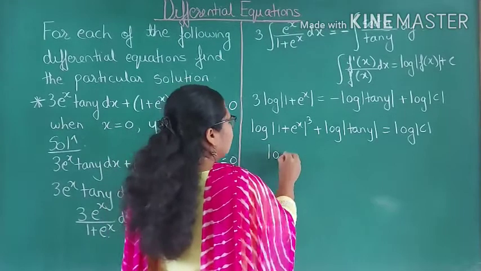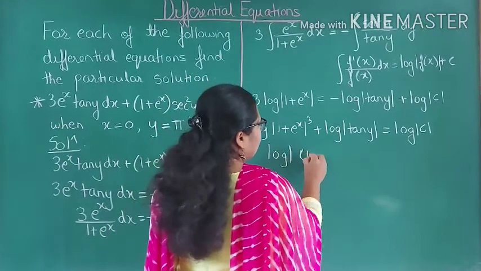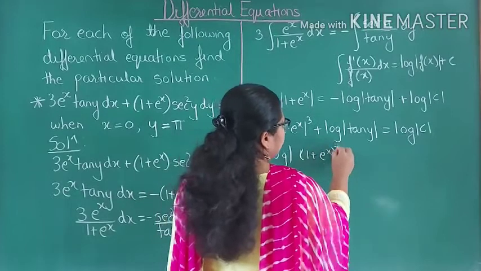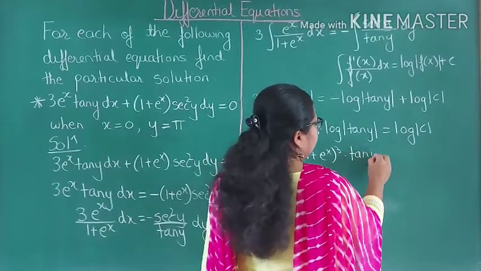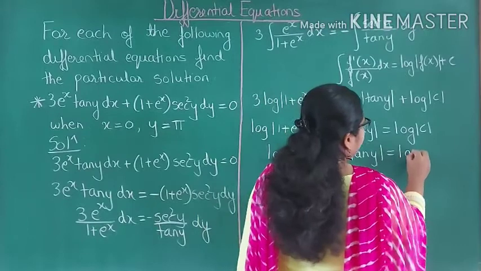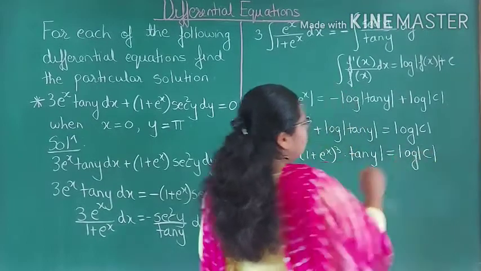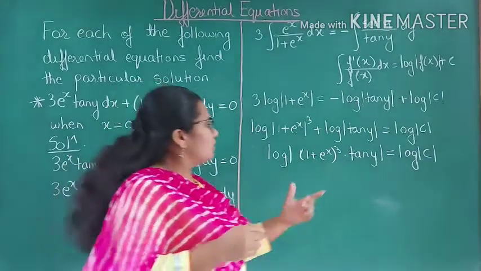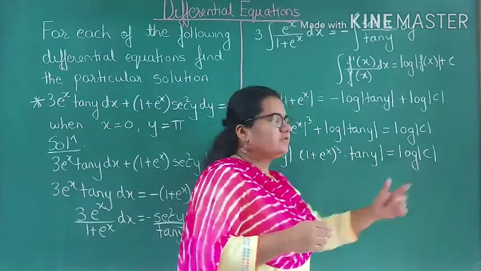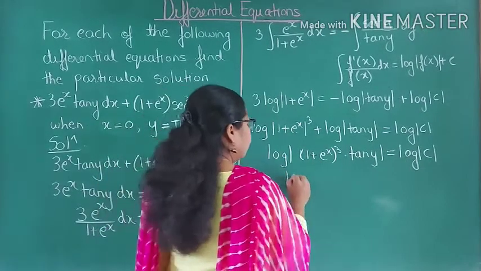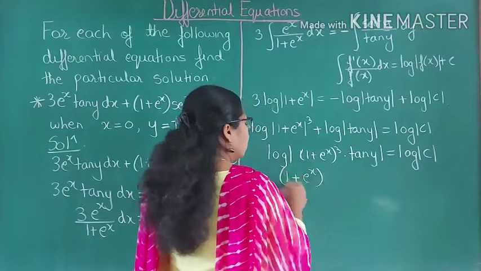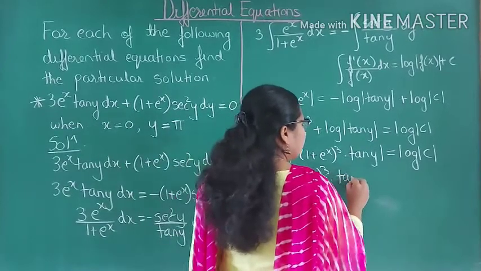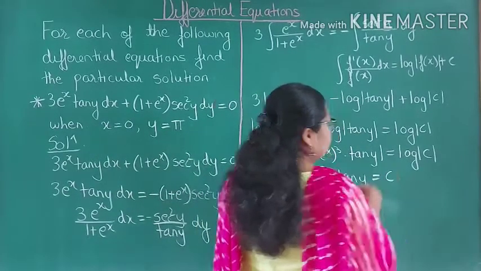So this is log of (1 plus e raised to x) cube into tan y is equal to log c. So when you compare both the sides, log of this term is equal to log of c. Therefore (1 plus e raised to x) whole cube into tan y is equal to c.